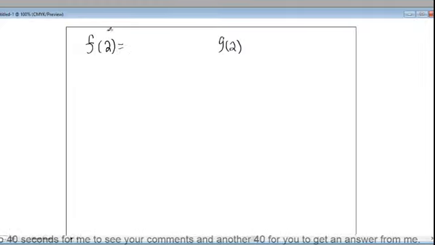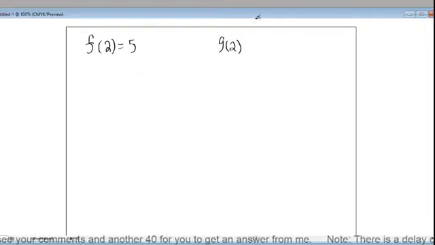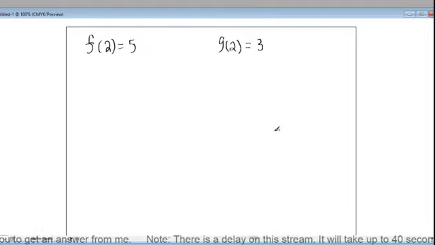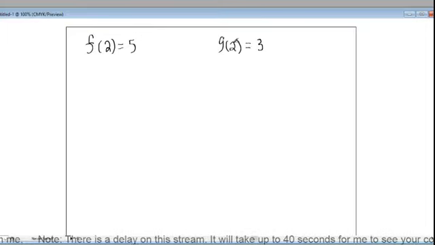So f of 2, if we plug in a 2 into our f function, maybe it gives us something like 5. And then if we plug in 2 into our g function, maybe it gives us 3. Okay? So again, 2 is the input and 5 is the output here for f. Similarly, for g, 2 is the input and 3 is the output. So they're processing 2 in a different way and getting these two different outputs.